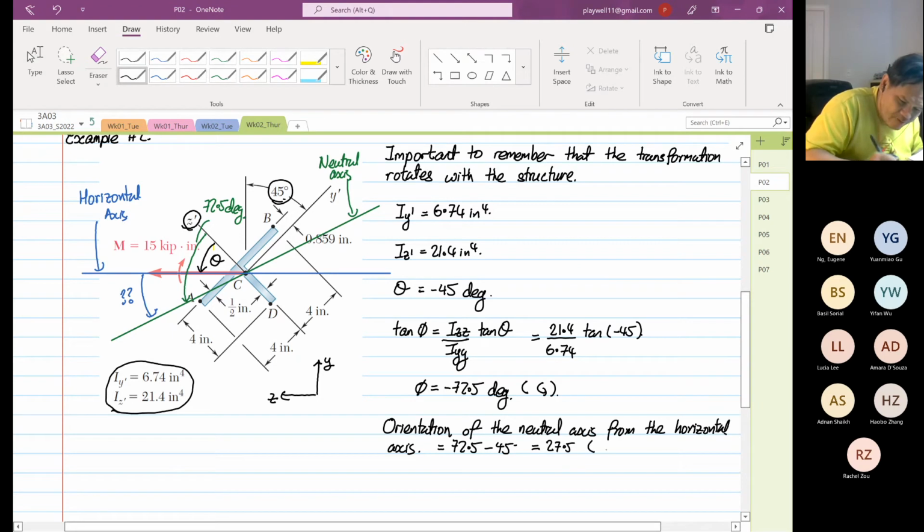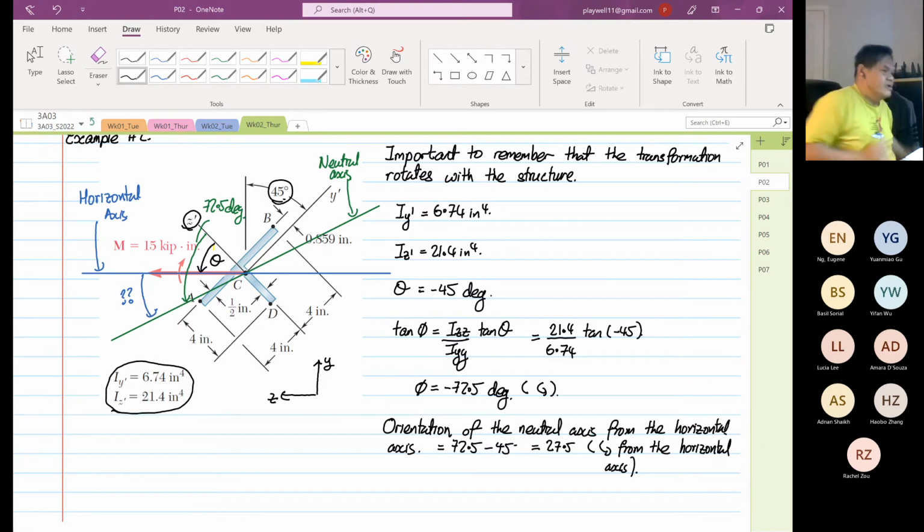Okay, and then you have to put in anti-clockwise rotation from the horizontal axis. Okay, so that is how you determine the orientation of the neutral axis for centric, unsymmetrical bending.